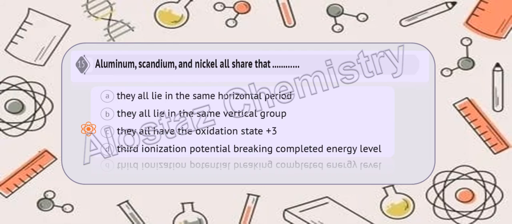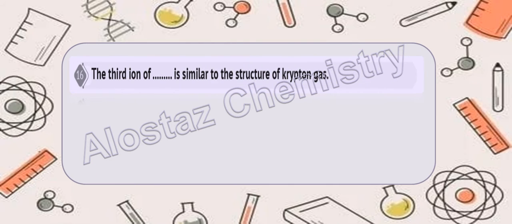All of them share the oxidation state +3. Let's go to question 16. Question 16 says that the third ion of what is similar to the structure of krypton gas.